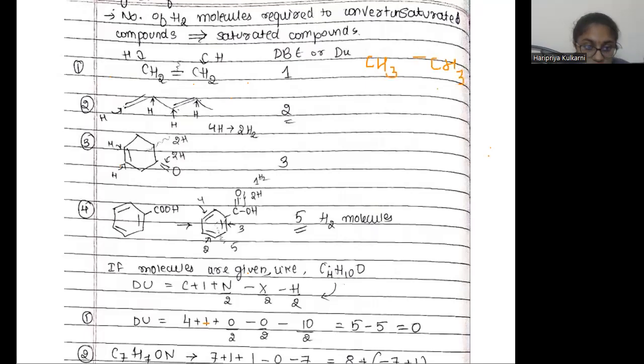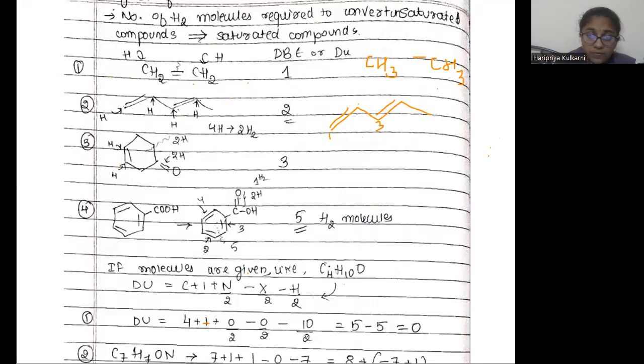Then coming to the next example. Here my question was like this, which is pentane, but I have double bonds as well at the positions 1 and 3. So if we count like this, it is pent-1,3-diene.